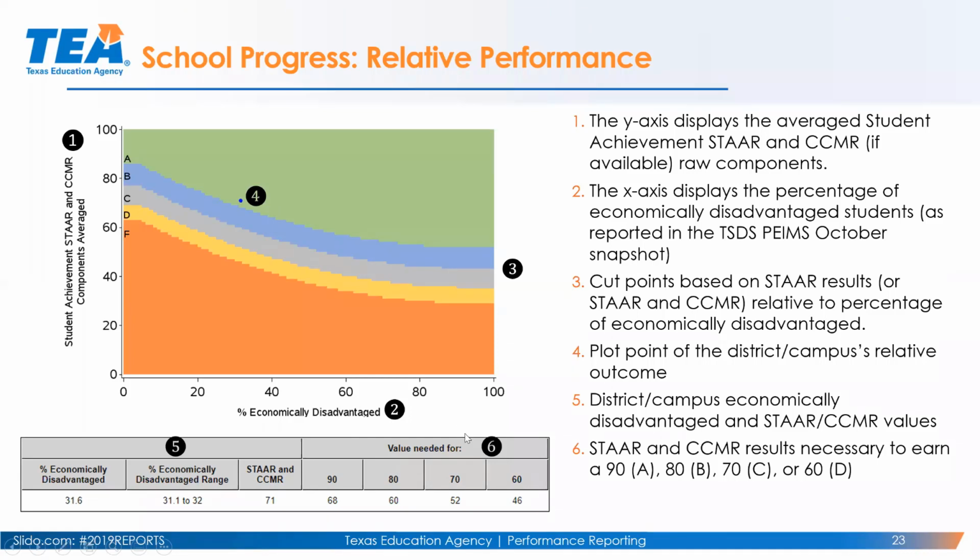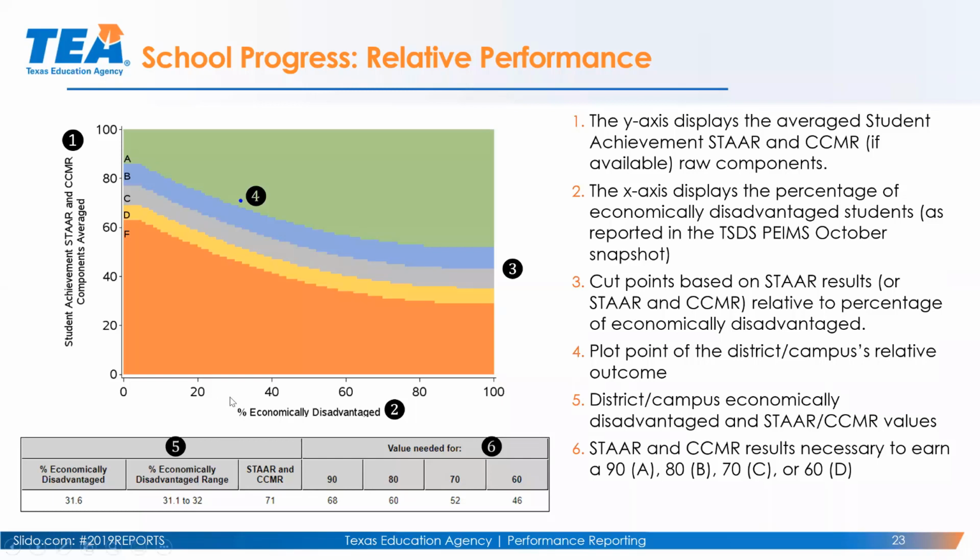The data table in section 5 displays the actual numbers used. Section 5 shows me my reported percent of economically disadvantaged students from the fall, which in this particular district was 31.6. So 31.6 economically disadvantaged, which is in the percent grading band or range of 31.1 to 32.